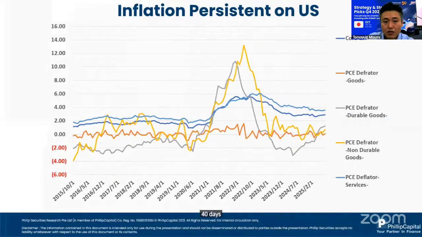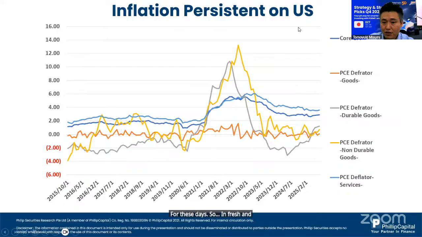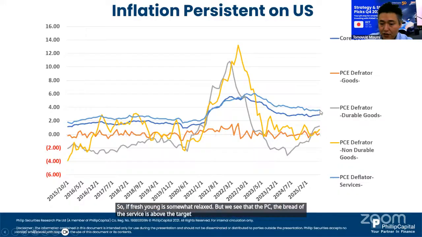Persistent inflation in the US is one of the reasons. We see that core CPI is above, but almost near, the 2% level, so inflation is somewhat relaxed. But the PCE rate of services is above the targeted level and is persistent.